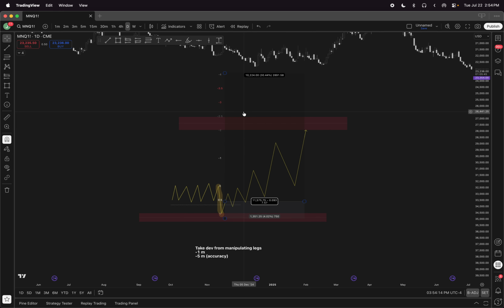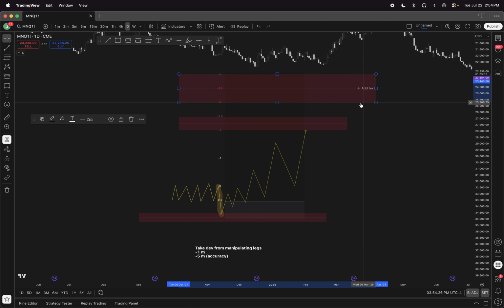But if you don't get it, then the zone with the most impact would be your -3.5, and -3 and -4. So pretty much -3 and -4 is a big box, -3.5 being the CE of it, but you just want to find a retracement within this zone here. And if there's overlapping PD arrays, even better.